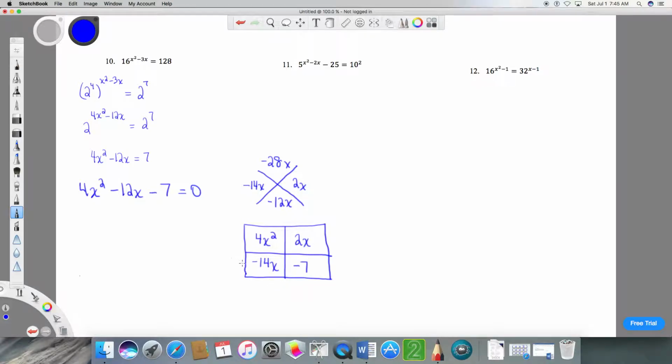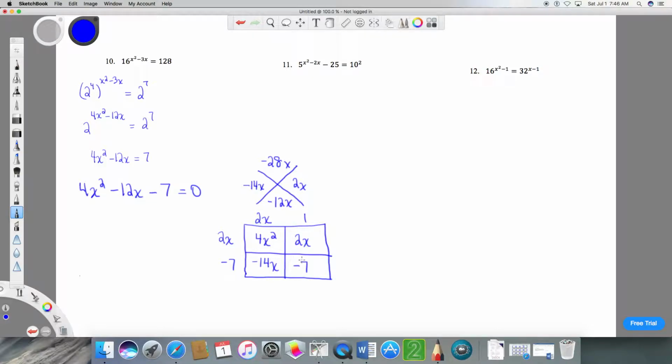Now we look both horizontally and vertically to factor each row and each column. Here I can see that a common factor is negative 7, and here I can see that these are prime with respect to each other, but they don't have a common factor other than the number 1. Horizontally here I can see these are both even numbers, they both have a variable, and here I can see they're both even numbers and they both have a variable.